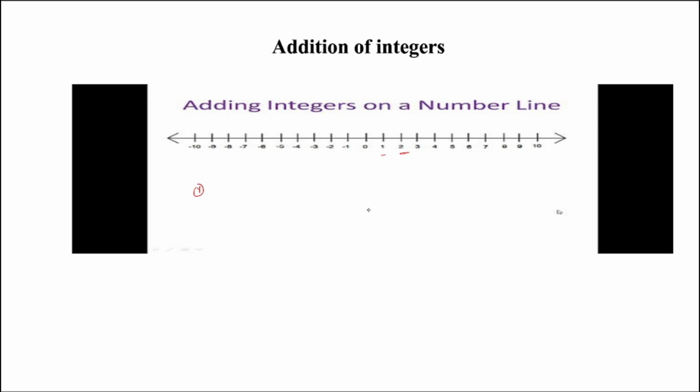Suppose you are given -3 and 2. You read it like this: -3 is less than 2. Again, -4 is less than -2.